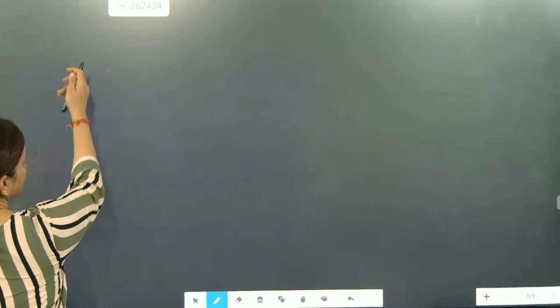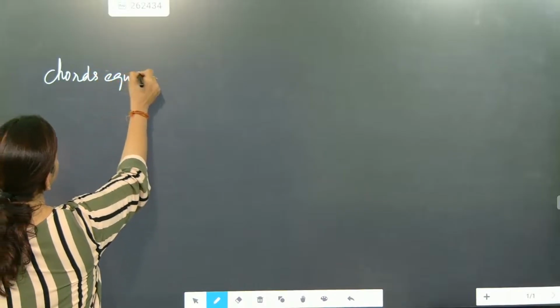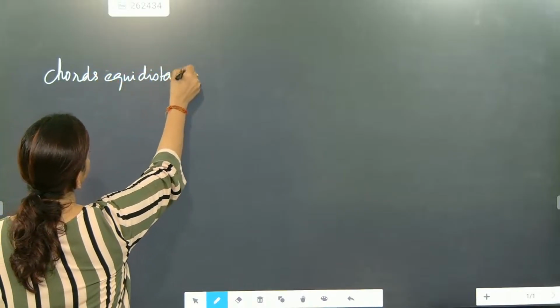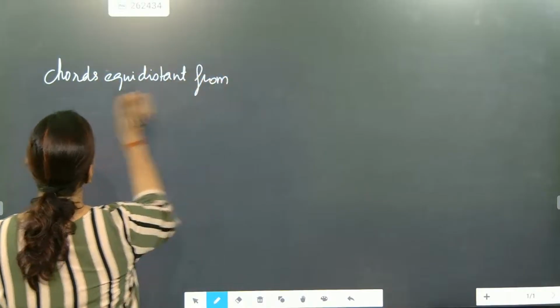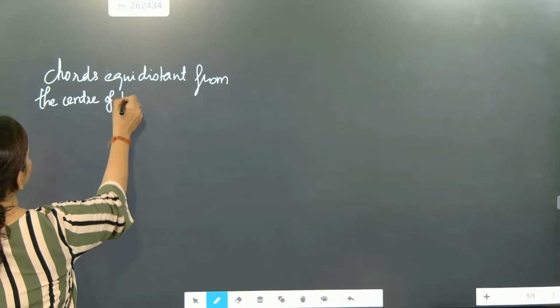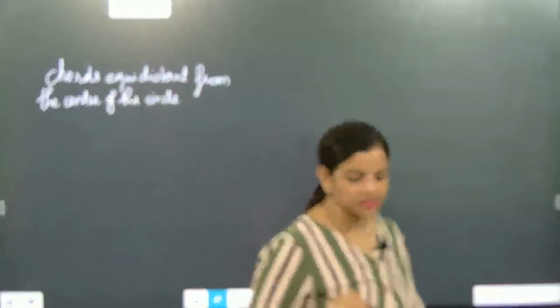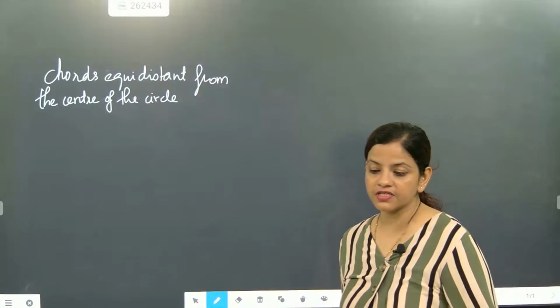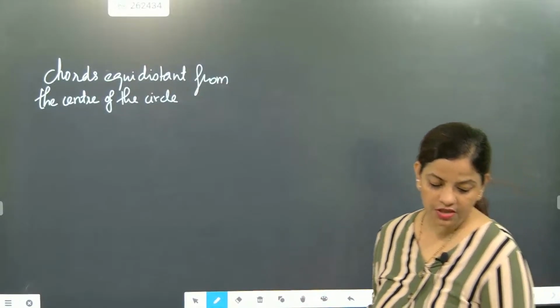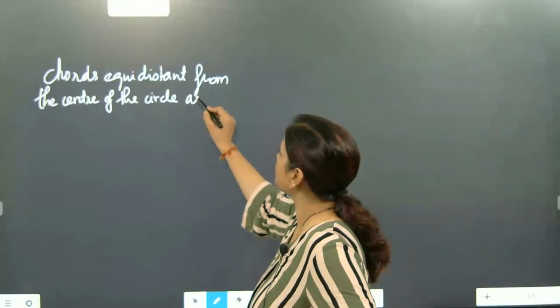Write this section. Chords equidistant from the center of a circle are equal in length.